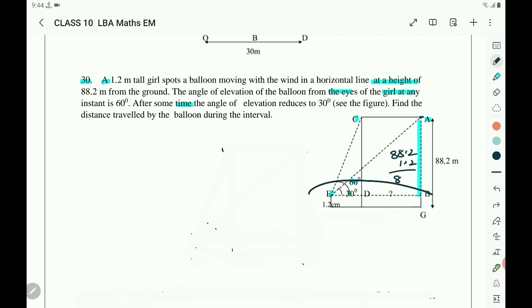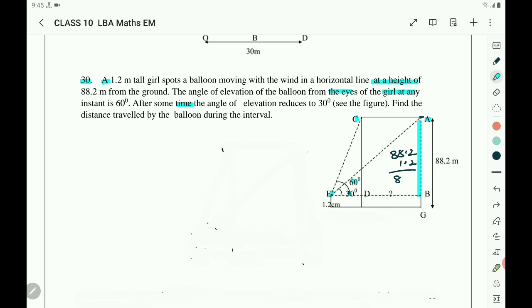We have to find the length of EB by using the right angle triangle ABE. Next we have to find out ED by using the right angle triangle CDE, and subtracting ED from EB, that is EB minus ED is equal to DB.